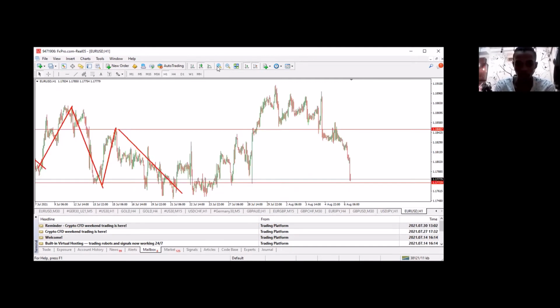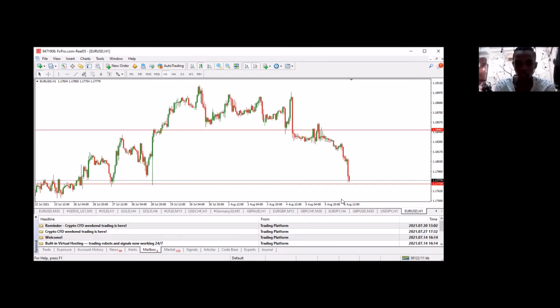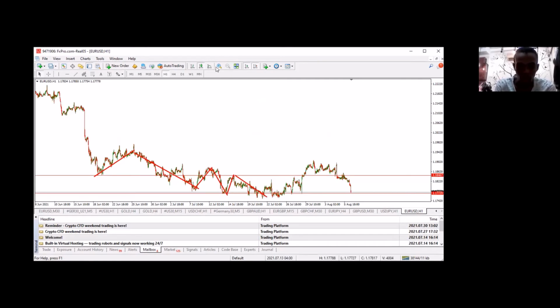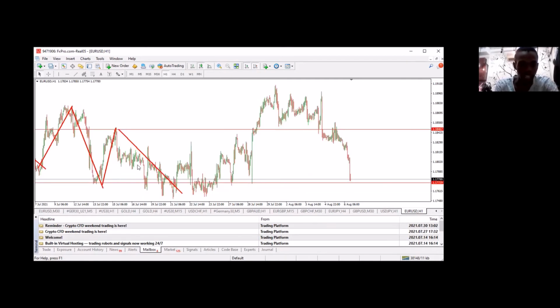Let's zoom in. It's only now moving hard, but if you look here, look at the candlesticks. These were big and then they started being small. Big, but generally they're small. That's with the consolidation, they go hand in hand.